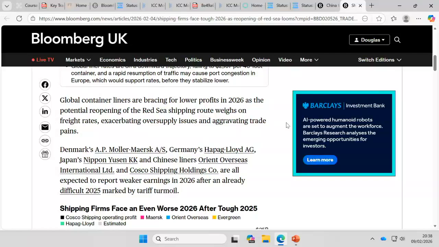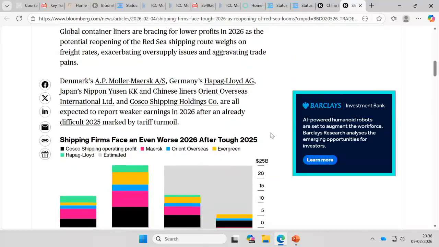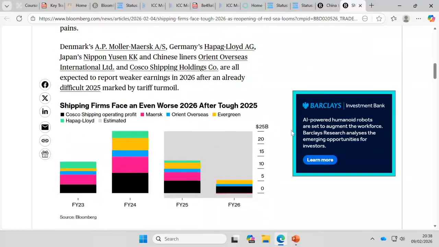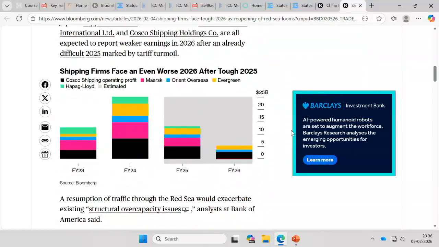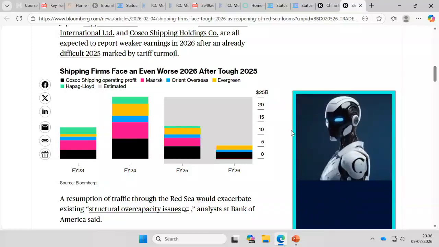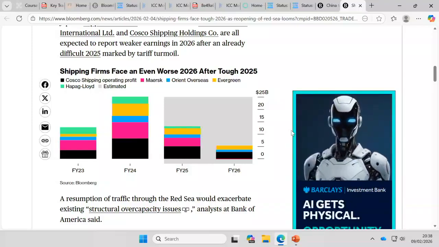Denmark's Møller-Mærsk, Germany's Hapag-Lloyd, Japan's Nippon Yusen, Chinese liners Orient Overseas, and COSCO Shipping are all expected to report weaker earnings in 2026 after an already difficult 2025 marked by tariff turmoil. So this essentially shows expected profit levels for major shipping firms.